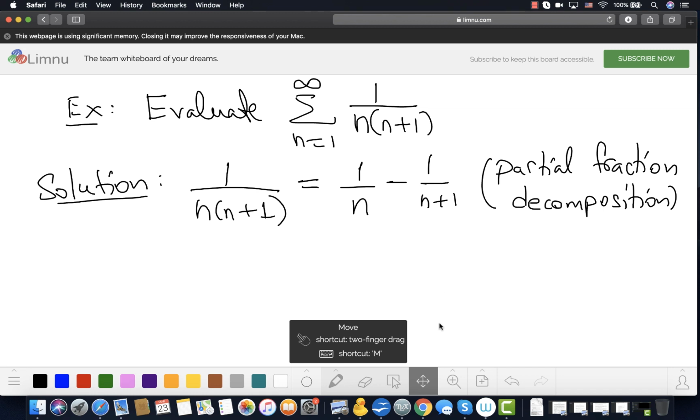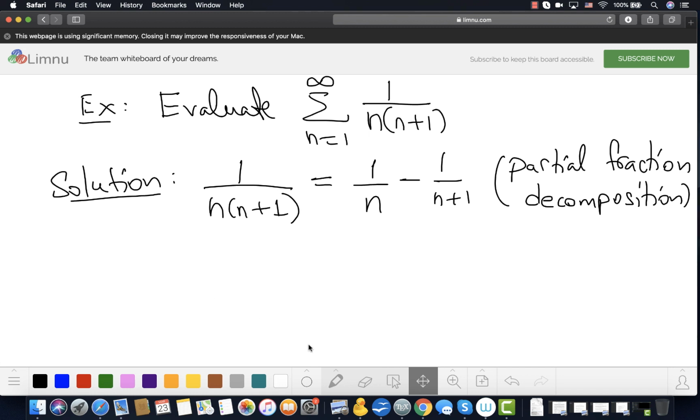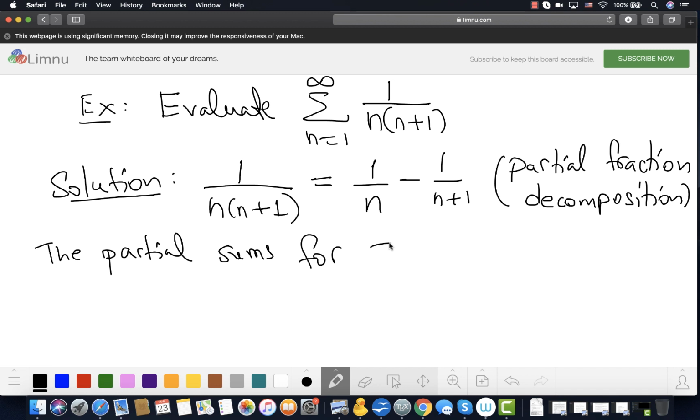Okay? So what do we have? Well, the partial sums for this series, n goes from 1 to infinity of 1 divided by n times n plus 1.